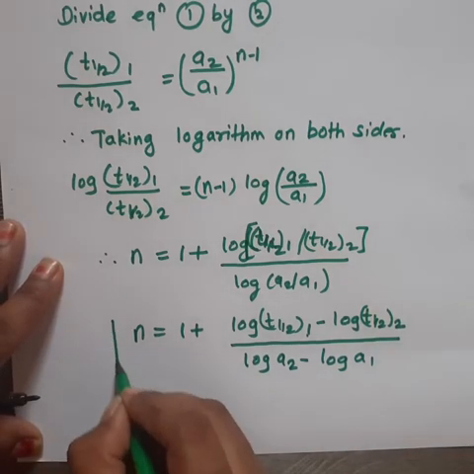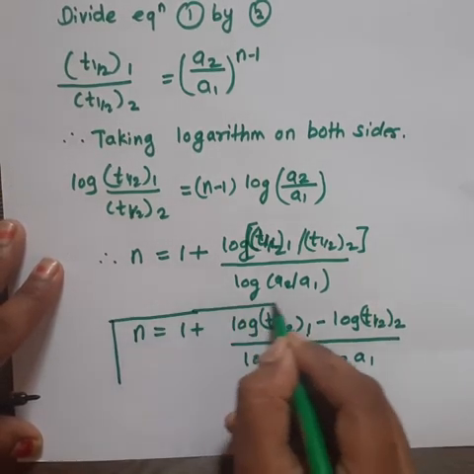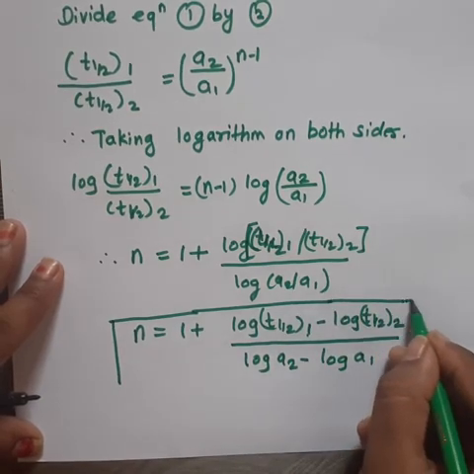So this is the equation to determine the order of a chemical reaction using half-life.